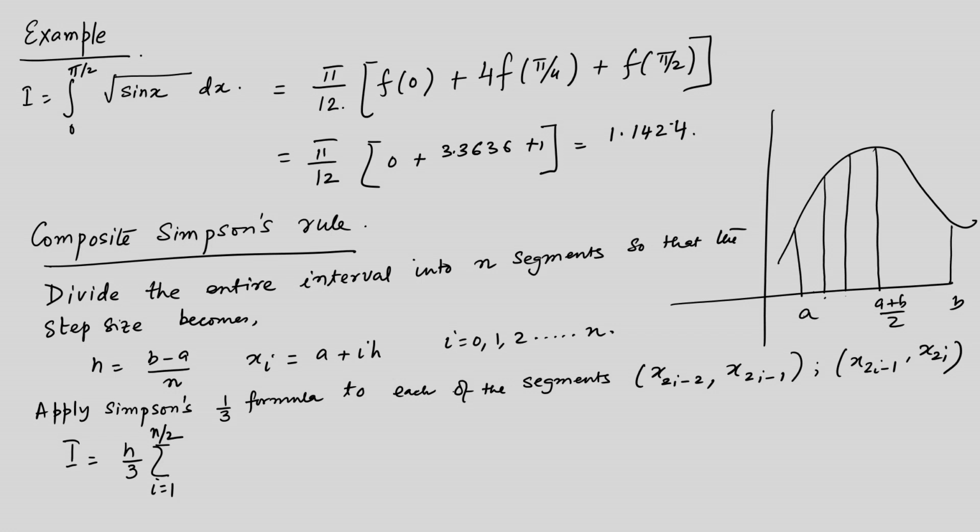That is why the sum goes from 1 to n by 2, and the first one is taken once, f of x_{2i-2}, that is the leftmost point, and then there is 4 times the middle point, which is f of x_{2i-1}, plus f of x_{2i} and so on.